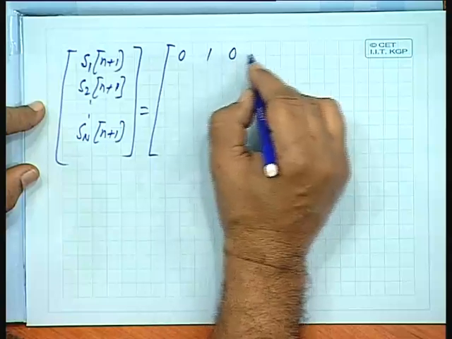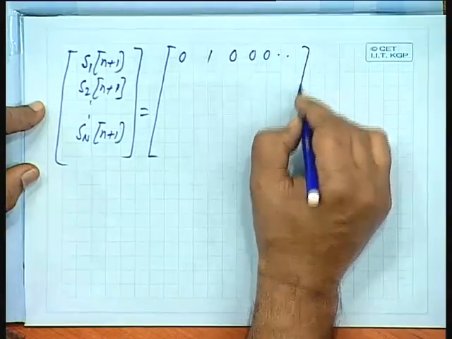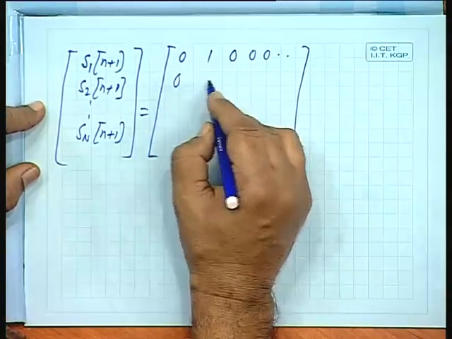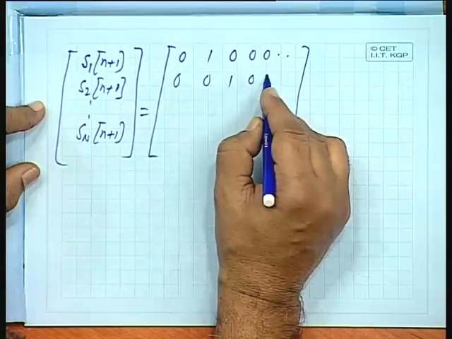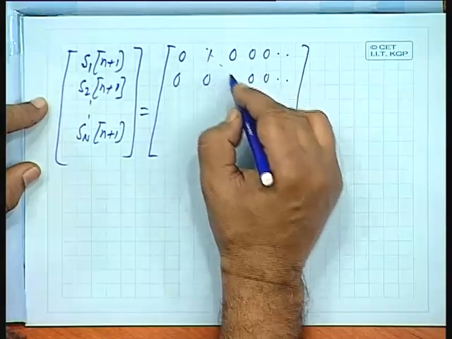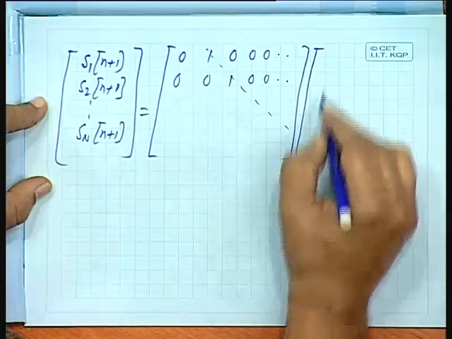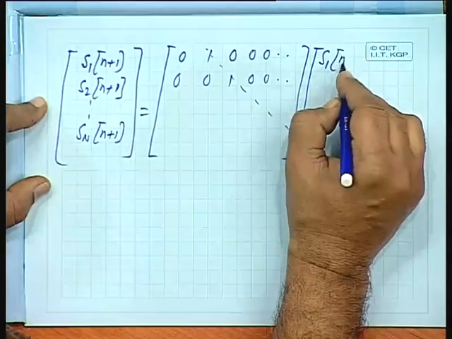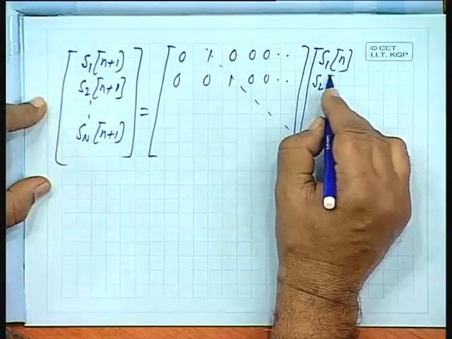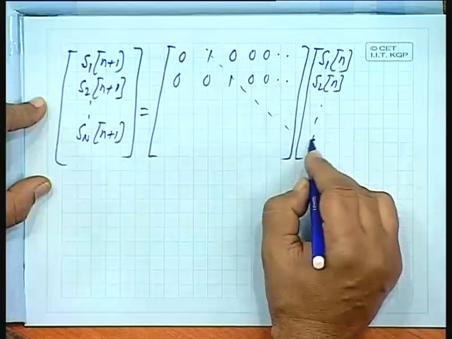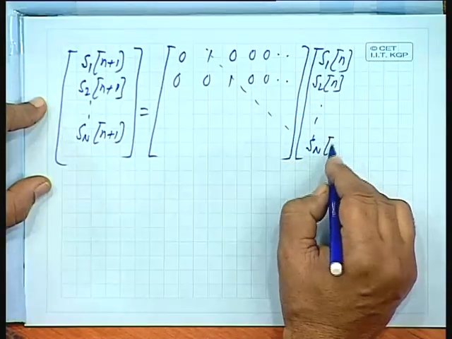You watch it here, there is a matrix which is a diagonal in this subdiagonal form, and S1n, S2n and Snn.